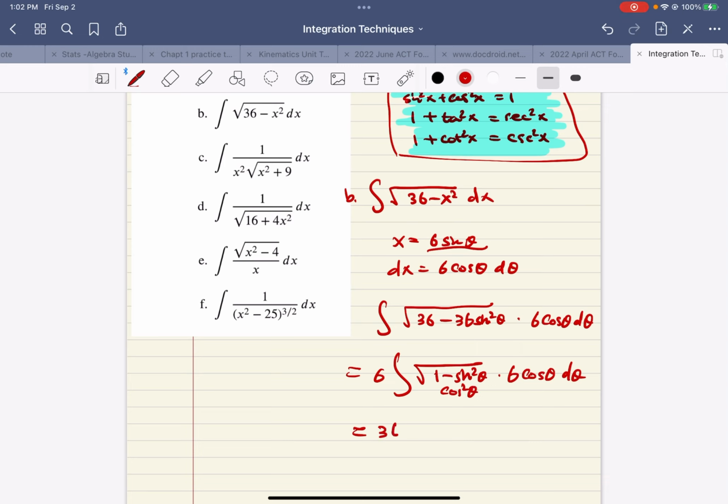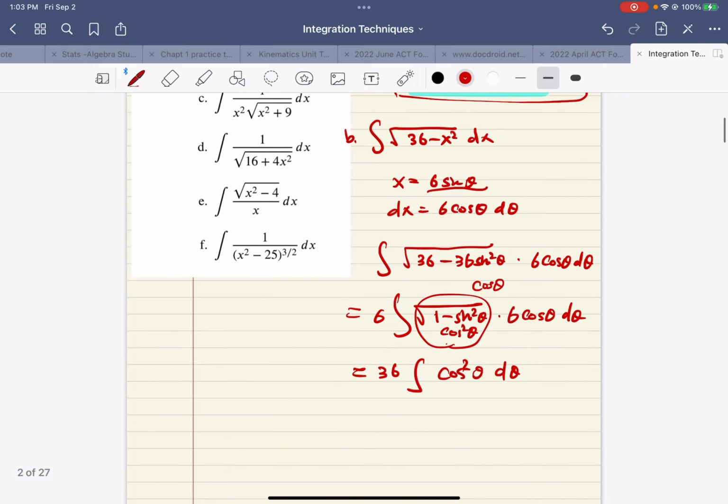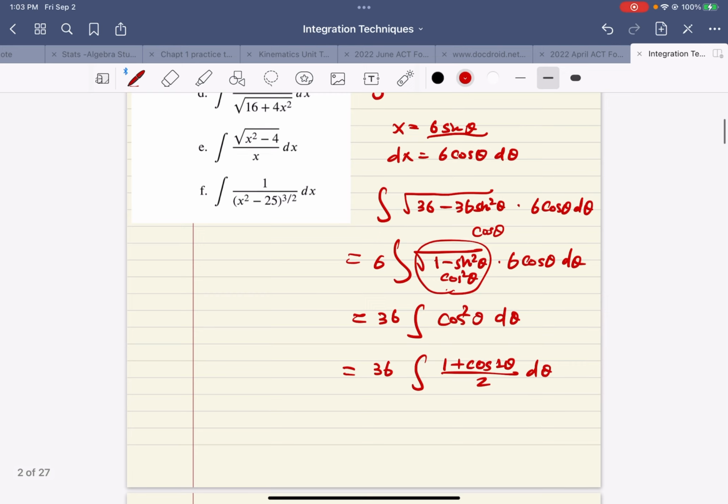So 36 integral cosine theta times cosine theta is cosine squared theta d theta up to here. So that becomes the power reducing formula again: 36 integral of 1 plus cosine 2 theta over 2 d theta. So 18 when you take out the 1/2.